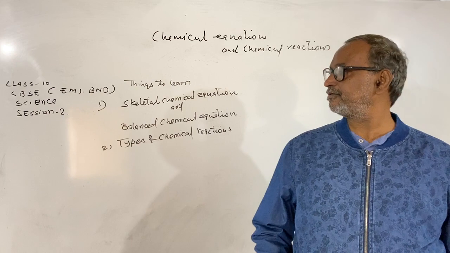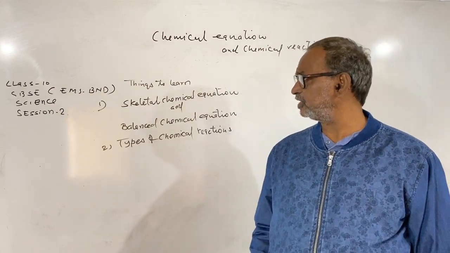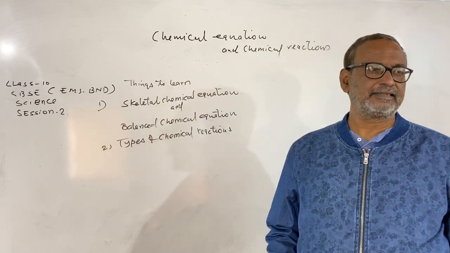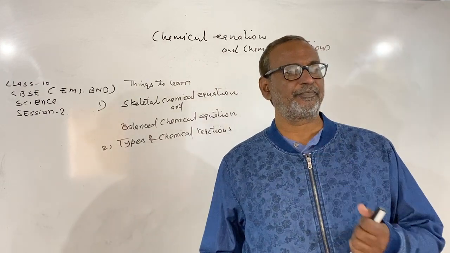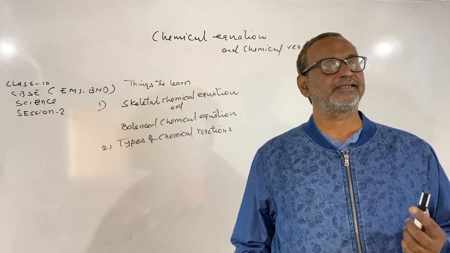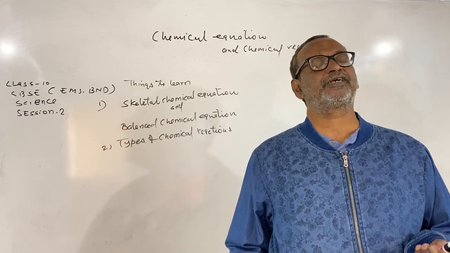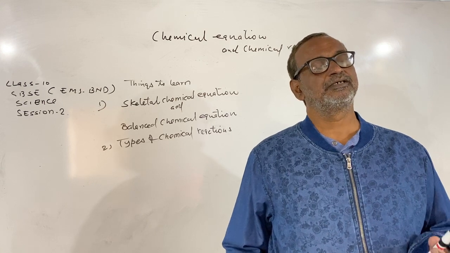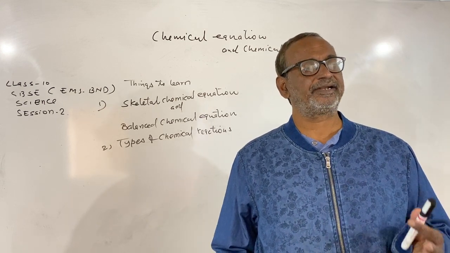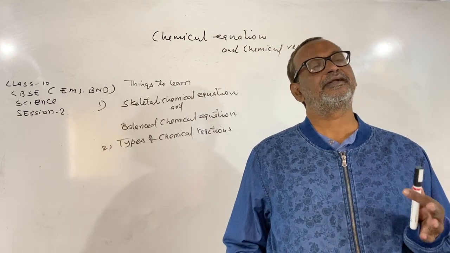So dear student, you have learned that a chemical equation should be balanced in accordance to the law of conservation of mass, which states that in a chemical reaction matter is neither created nor destroyed.